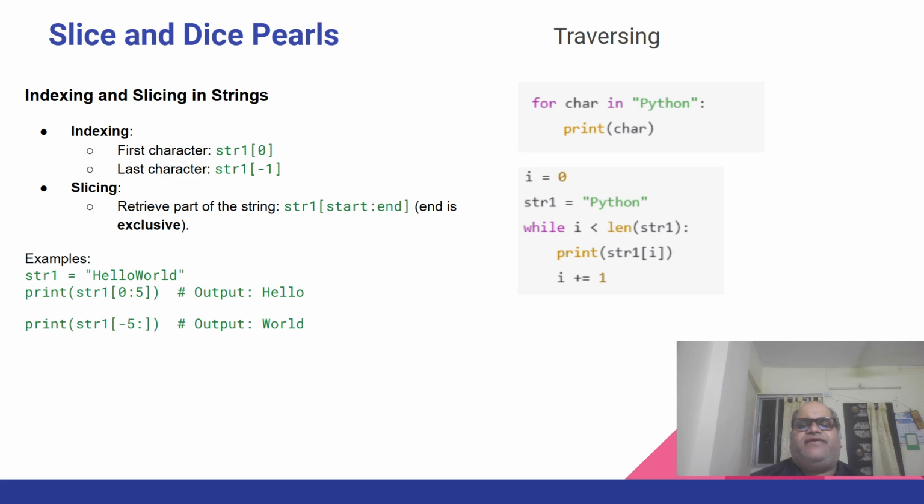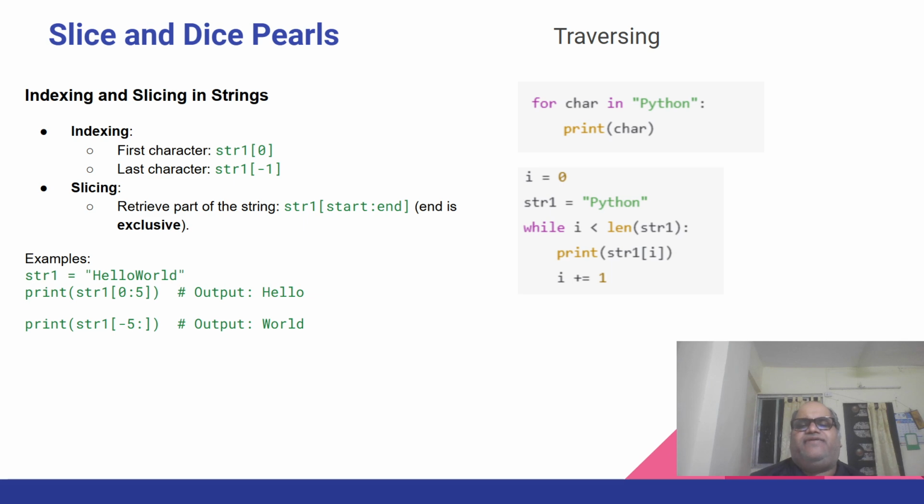If you want to set it up using a while loop, you will be having some initializer i as 0, then you initialize your string 1 as Python, and then you set up your condition while i is less than length of string 1, you print the ith index of that string, right? What will be the length of string here? 6, right?